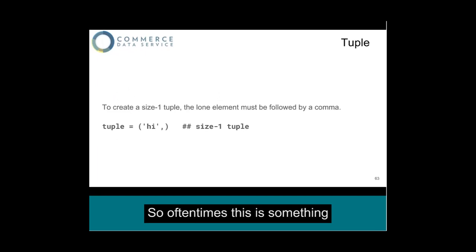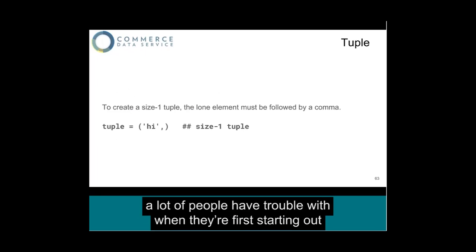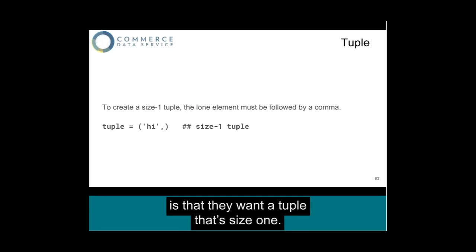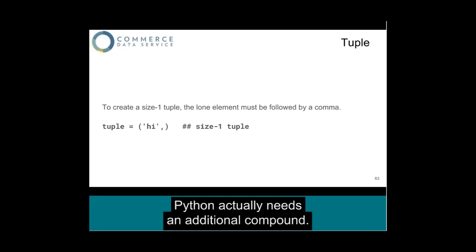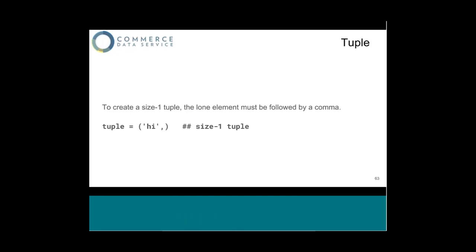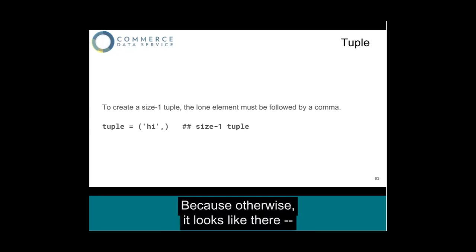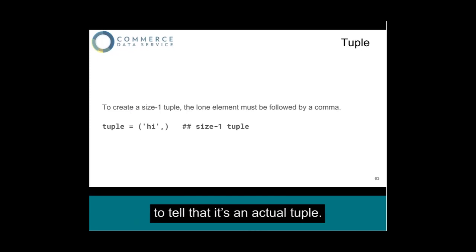So oftentimes this is something that a lot of people have trouble with when they're first starting out, is that they want a tuple that's size 1, just one element in the tuple. And to do that, Python actually needs an additional comma. Otherwise it thinks you're doing a logical statement or some math operation. So you need that comma in the tuple to tell it that this is an actual tuple.